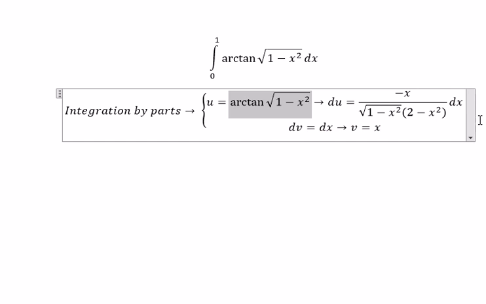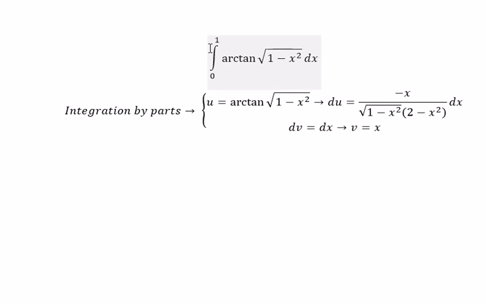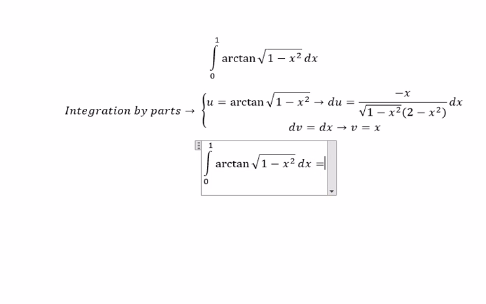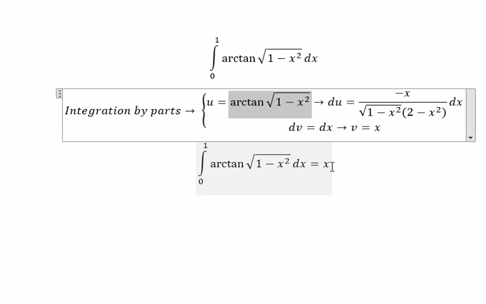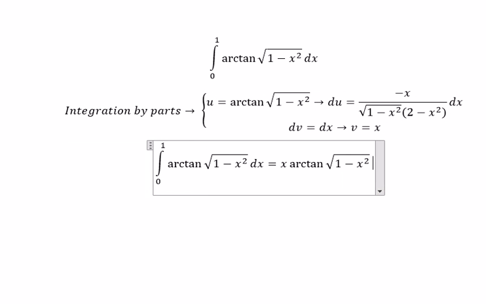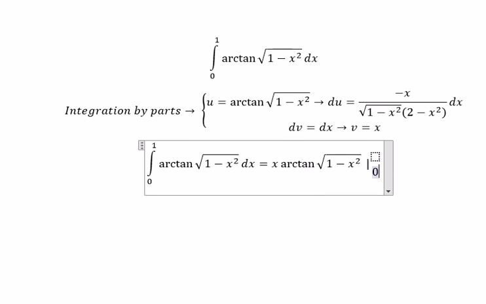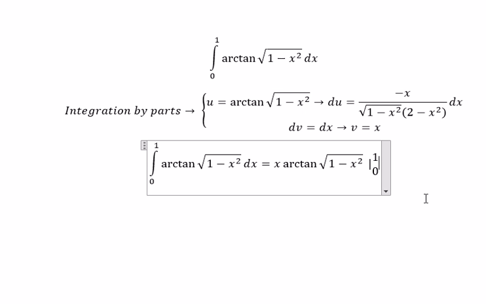So we got v multiplied with u, and we have the powers in here. We have the negative, so you got positive.